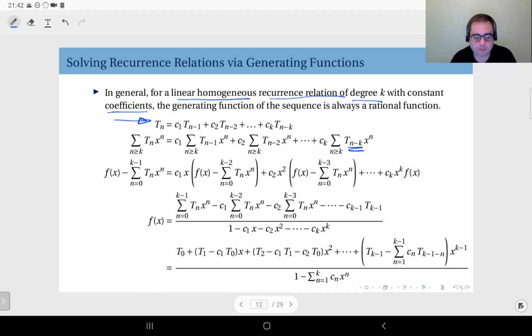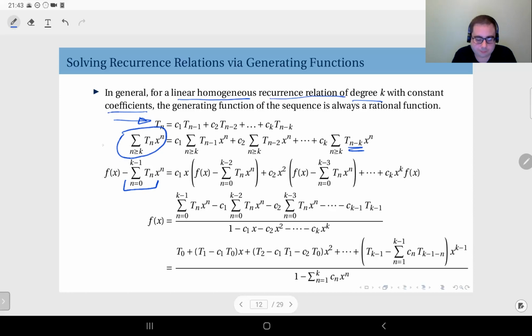And again, the term on the left-hand side is going to be equal to the characteristic function if the sum started from 0. Therefore, if I subtract these terms from 0 up to k minus 1, I get the left-hand side.